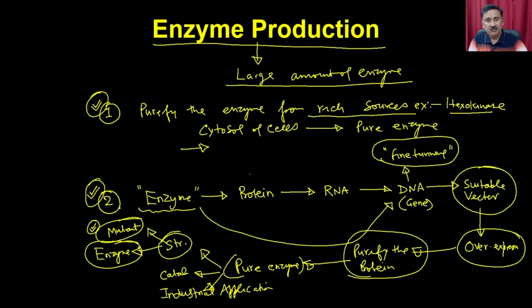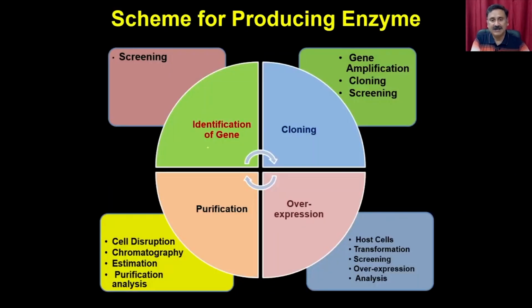So in approach number 2, you are first going to identify the gene. The first step is that you identify the gene, and you do that by screening different types of clones, which we are going to discuss in detail. So you require a screen, right?